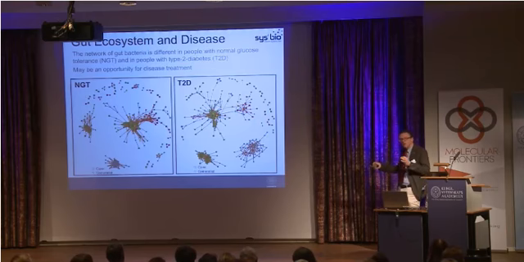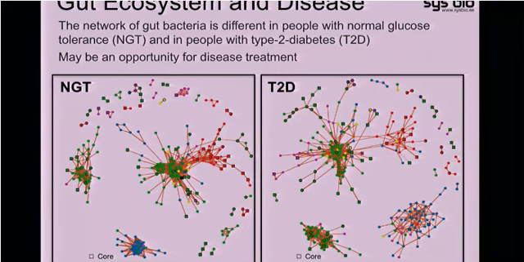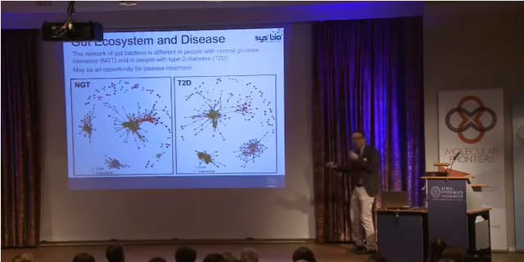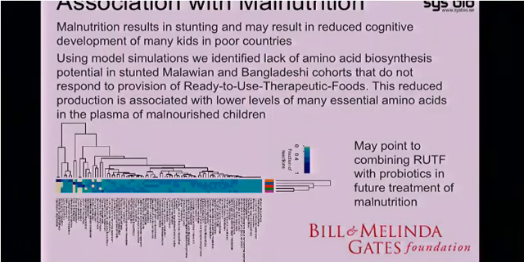And we are then looking into the co-occurrence between these. So which ones are, for example, connected and always present in all the subjects that are normal glucose tolerant versus those that have type 2 diabetes. And these networks can begin to tell us something about why these species live together, and now we can study what metabolism they have.